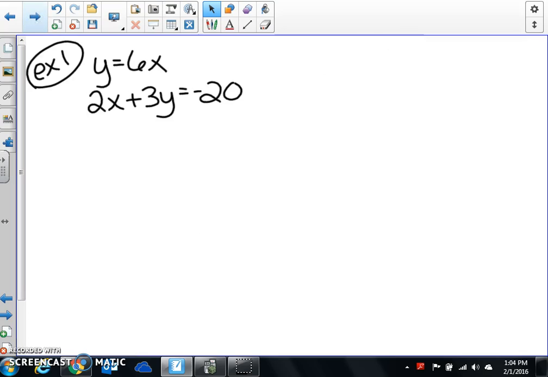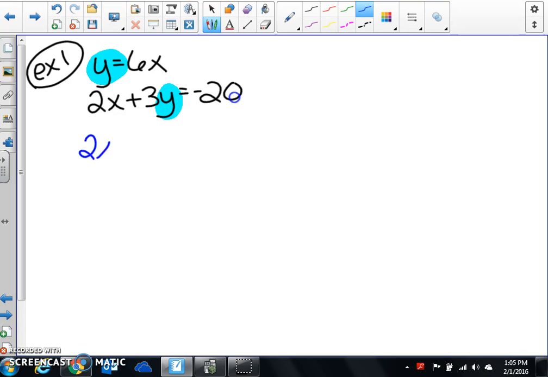So for example, number one is a y equals versus the second equation is in standard. So what we do is we take the fact that this is a y equals and we're going to substitute it in there. So this y is going to go for this y. So I take my bottom equation, 2x plus 3, and now I have to substitute what y does equal, which is 6x.